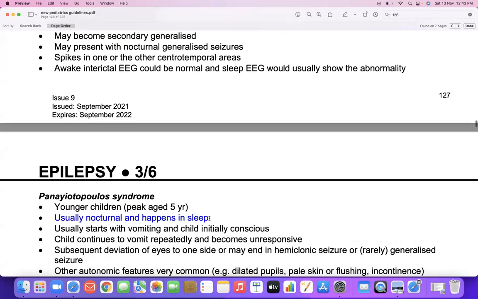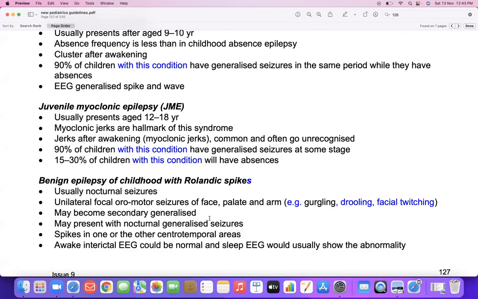Okay, let's see from the guidelines if we missed anything. So here, juvenile myoclonic epilepsy usually presents between the age of 12 and 18 years. Myoclonic jerks, we saw clearly the jerks he had. He suddenly was falling down and even his spectacles fell down.